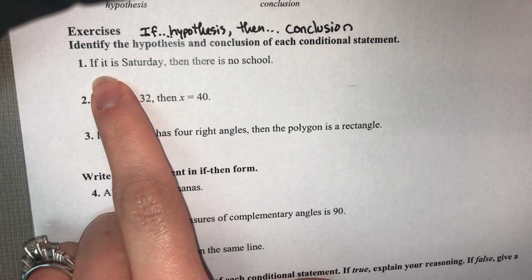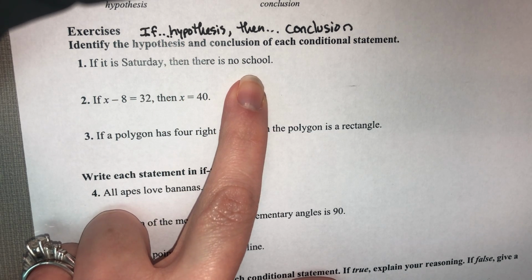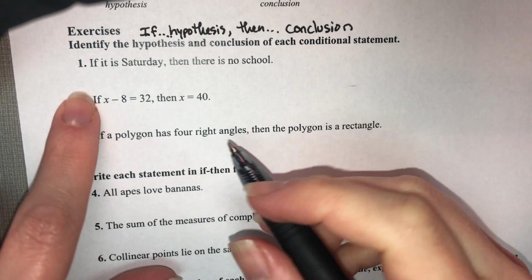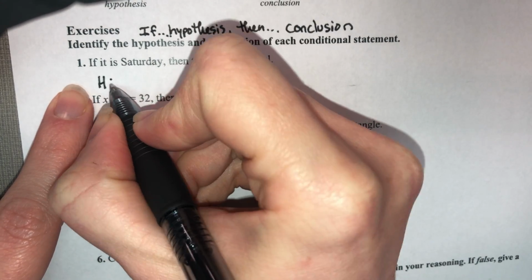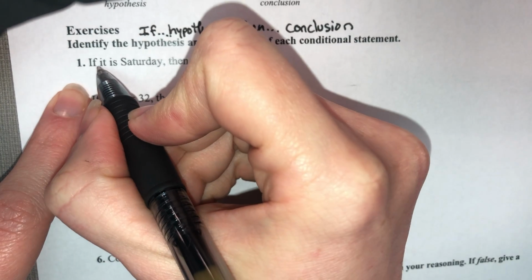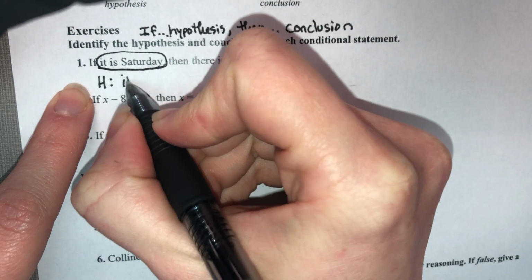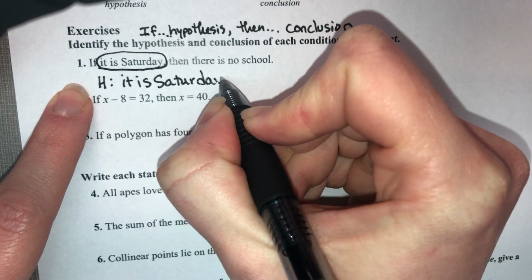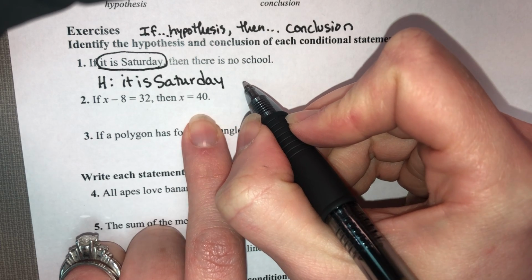So the first statement says, if it is Saturday, then there is no school. So we're supposed to identify the hypothesis and the conclusion. So the hypothesis, and I'm just going to put H for hypothesis, is going to be whatever follows the word if. So for this problem, it is Saturday is the hypothesis because it follows the word if. Then there is no school.